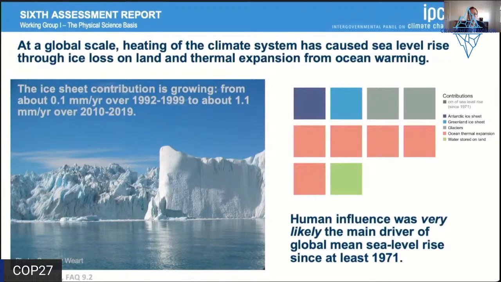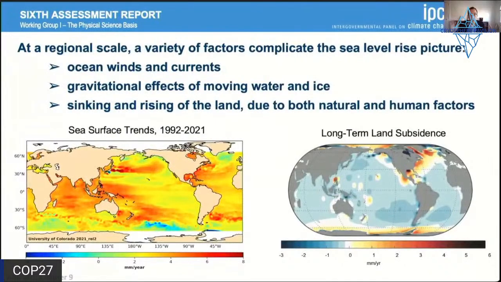The ice sheet contribution to global average sea level rise has grown substantially from about a tenth of a millimeter per year over the 1990s to about... a global story at a scale where we have to make decisions about how to adapt to sea level rise.